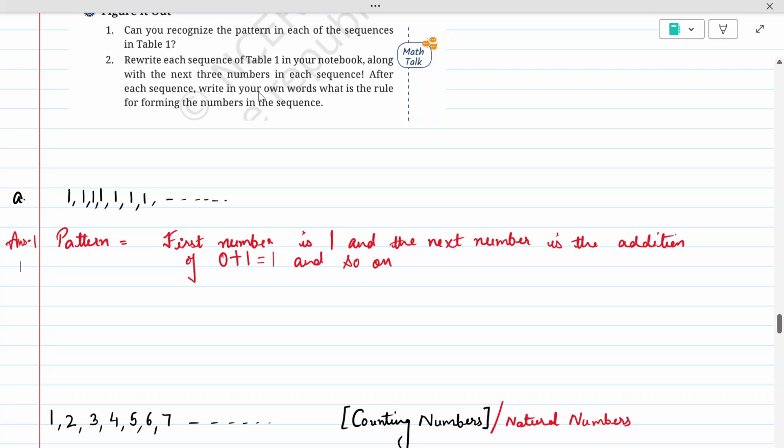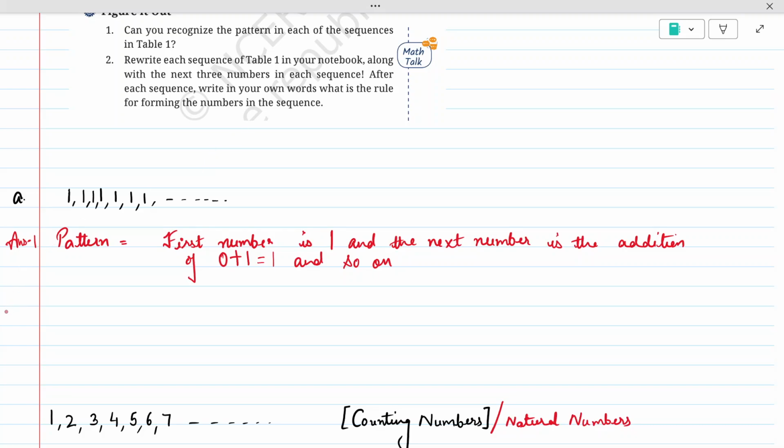Now, coming to second question. Rewrite each sequence of table 1 in your notebook along with the next 3 terms. We have to write down the next 3 numbers in each sequence, and after each sequence write in your own words what is the rule for forming the numbers in the sequence.